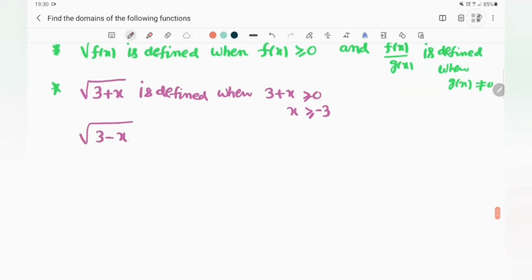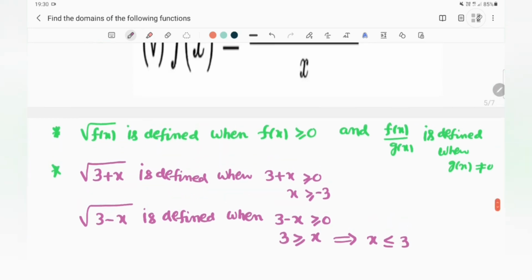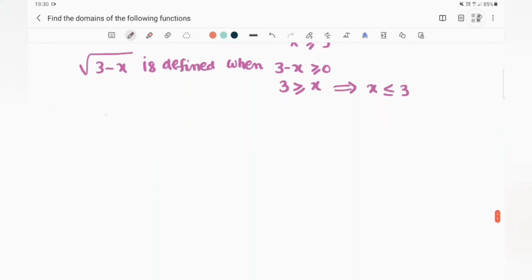Root 3 minus x is defined when 3 minus x is greater than or equal to 0. So 3 is greater than or equal to x, that also written as x is less than or equal to 3. And denominator x is there now in the function. So x should not be equal to 0, and x is not equal to 0.